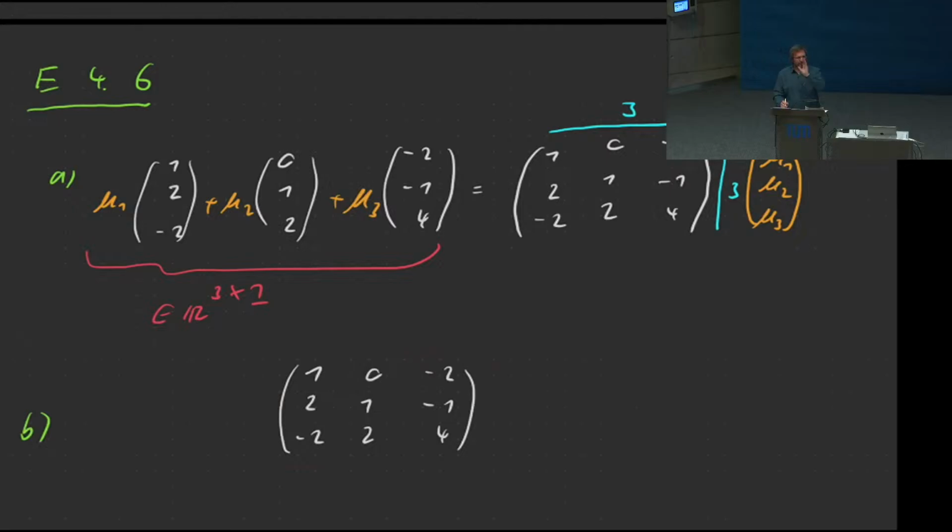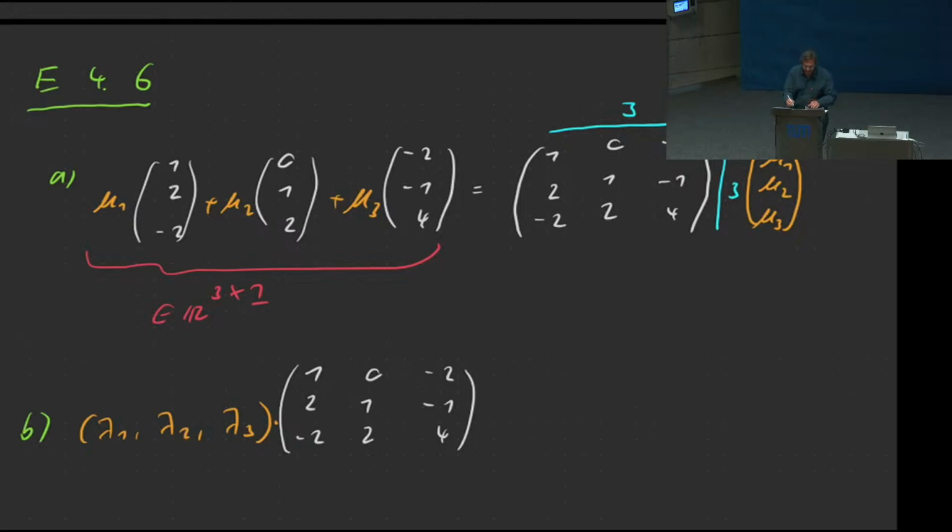So I'm going to have 2 factors. The right factor is going to be my matrix A. The left factor is going to be a 1 by 3 vector, so that the sizes of the outcome are correct. And more specifically, what I have to do here is put these coefficients, lambdas, here as a row on the left.